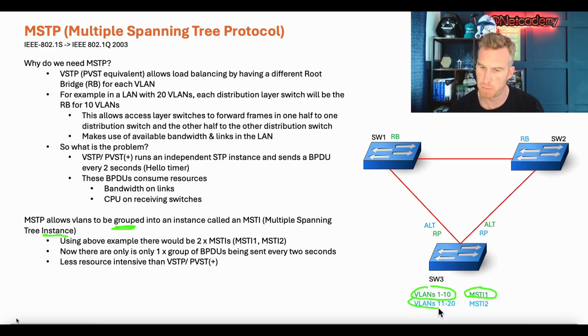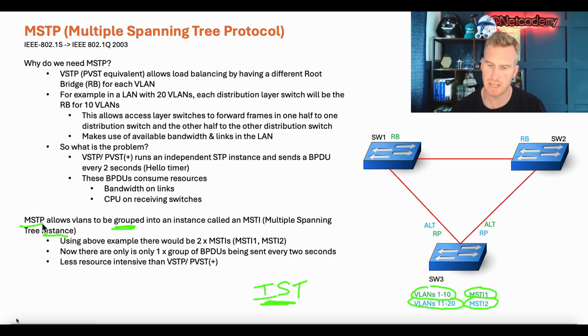And VLANs 11 to 20 are configured into MSTI 2. And this is different because you have one instance which is known as the CIST. I'll come on to this in more detail in a few minutes, but this is by default created whenever you configure MSTP. It's automatically created.